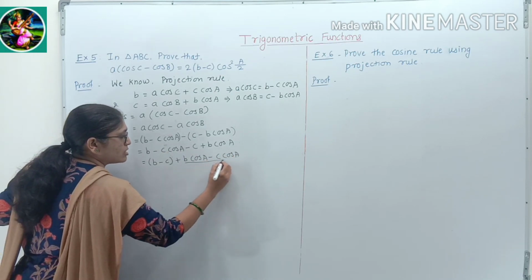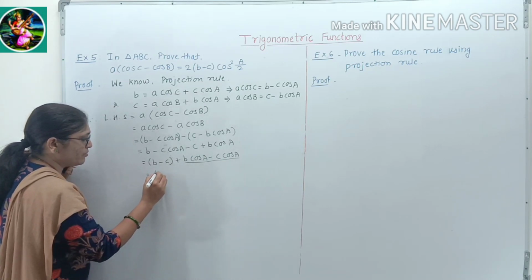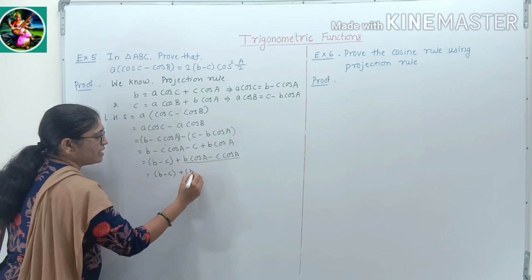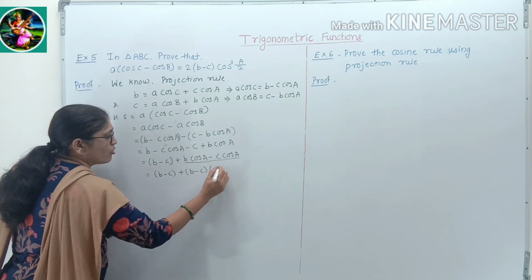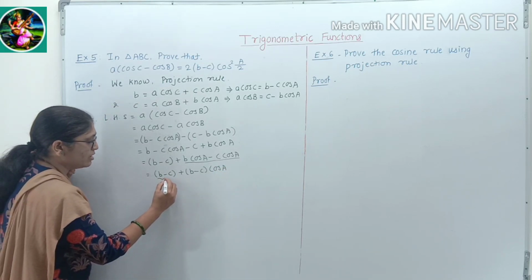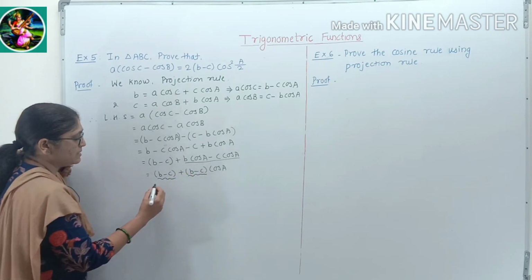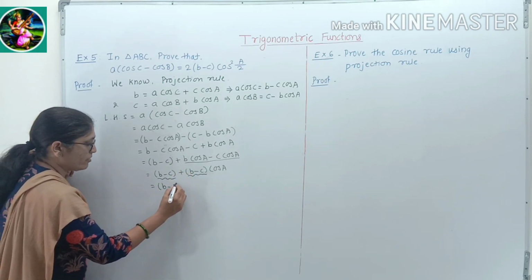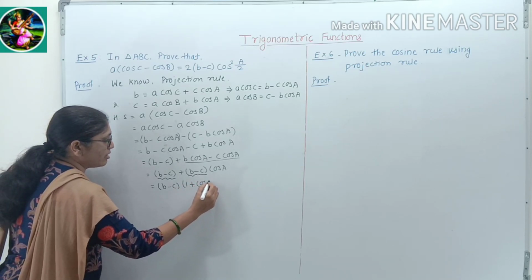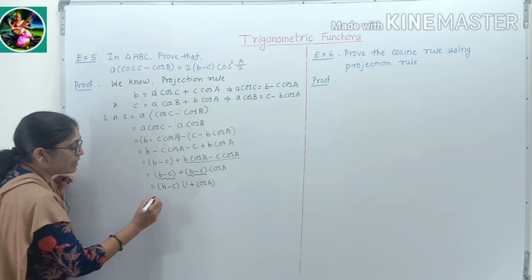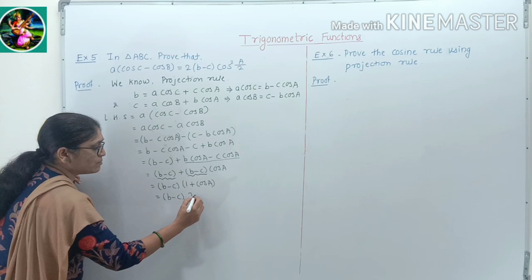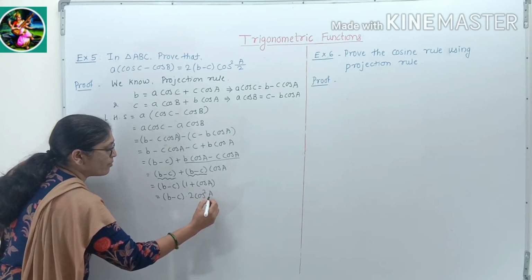Here we take cos A common. Therefore, we get (b − c) plus cos A, and we write it outside the bracket. Now here b − c is common. Therefore the remaining bracket is 1 plus cos A. And we know by the submultiple angle formula that this is 2 cos² (A/2).